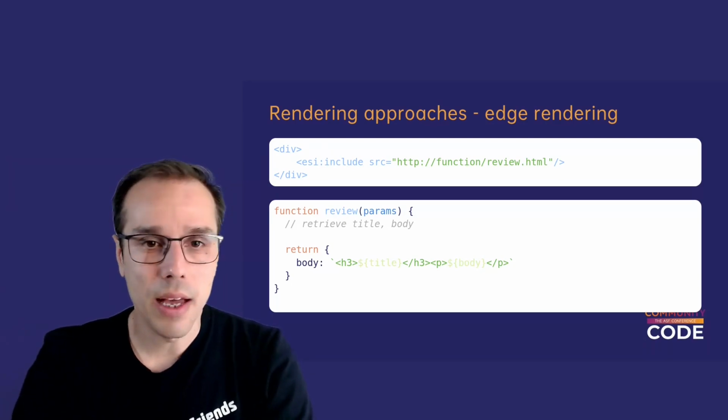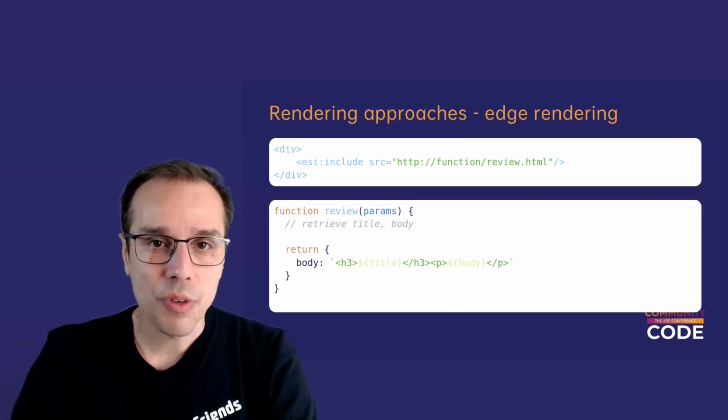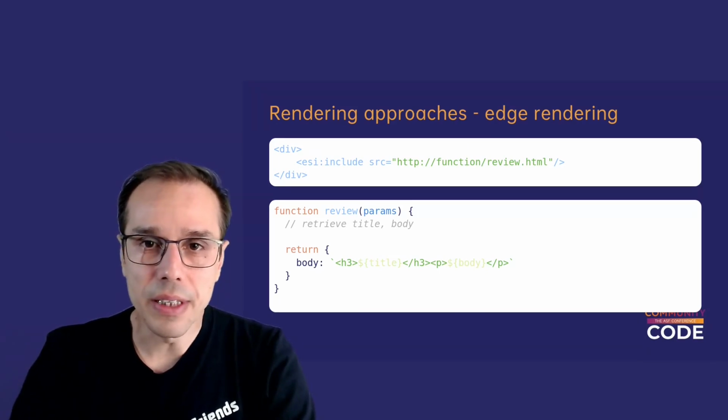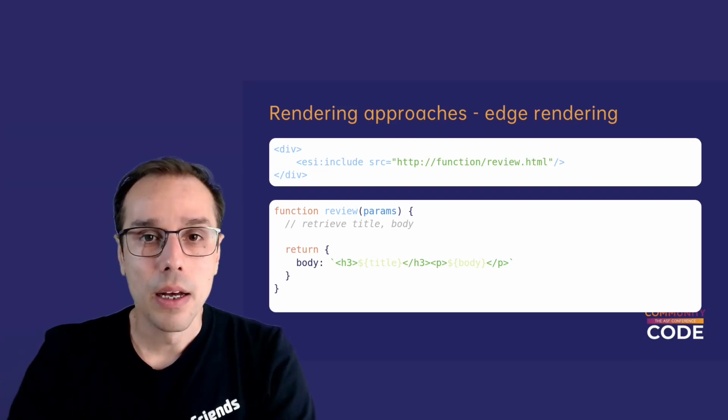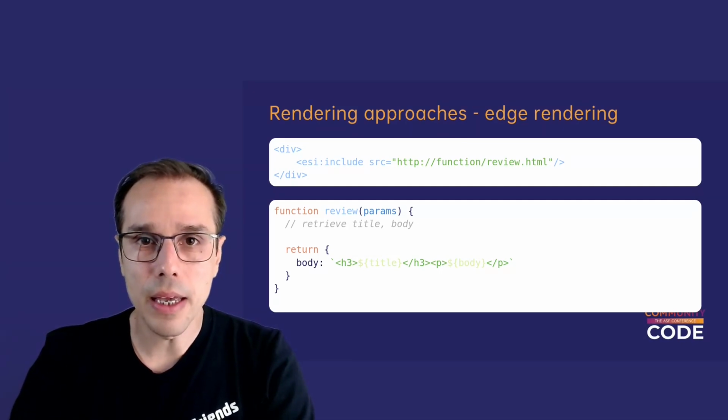And then we can have any sort of function that generates the response. In this case, you see that we return a JavaScript object in the second snippet. Then after retrieving the title and the body, it just creates an HTML body, which gets included as it is in the page.